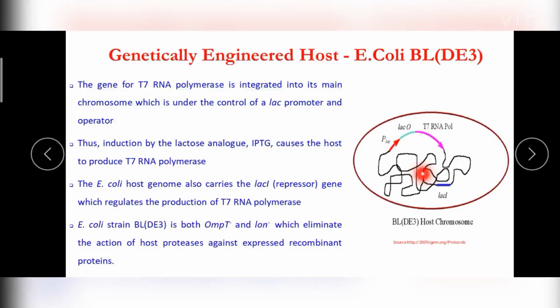This is the mutated strain of E. coli, which has inactive host proteases. These are the main features of the genetically engineered host E. coli BL21 DE3 strain, which is taken for the expression of these PET vectors.